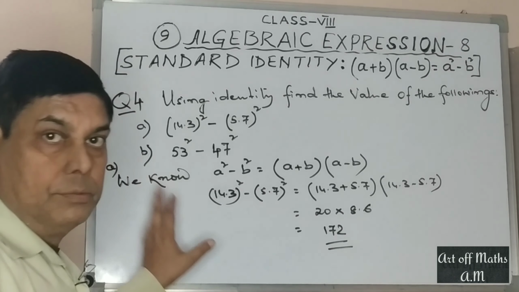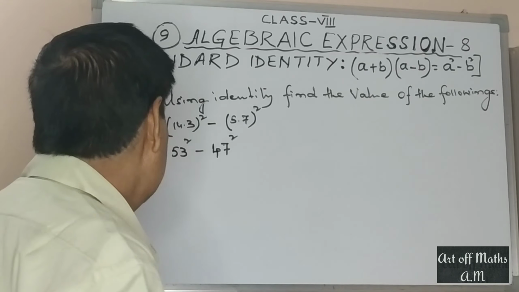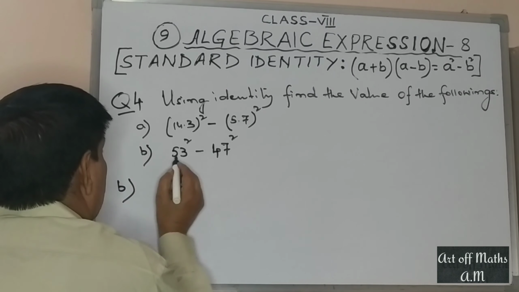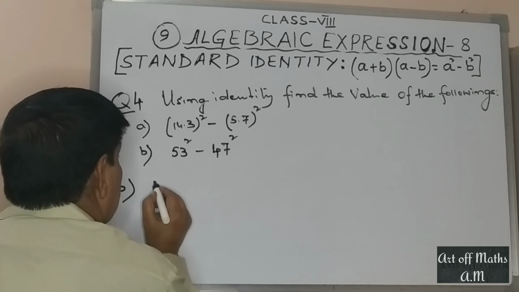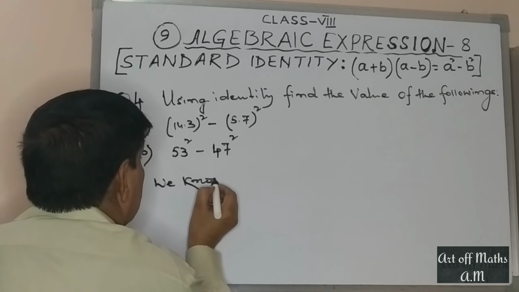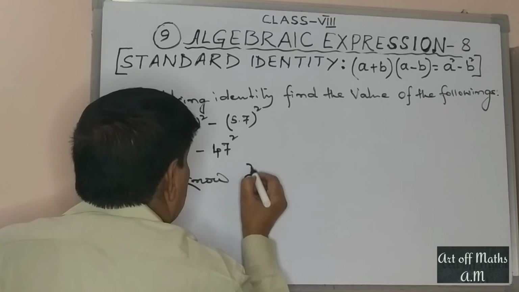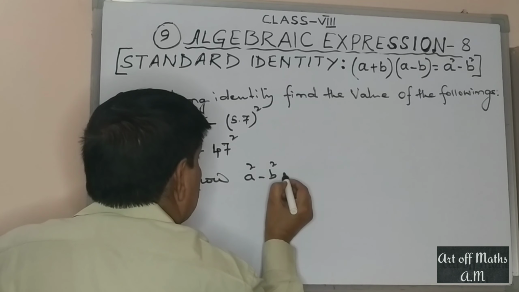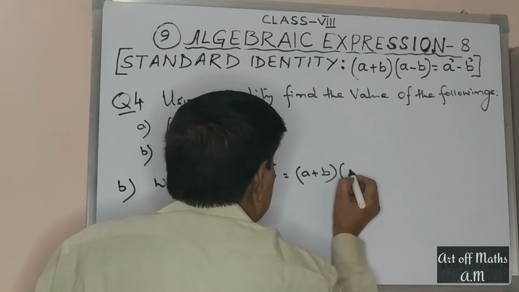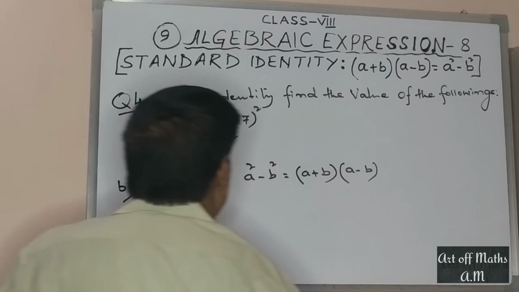In this way you have to find out. Now we are taking up b, that is 53 square minus 47 square. We know a square minus b square equal to (a plus b) into (a minus b).